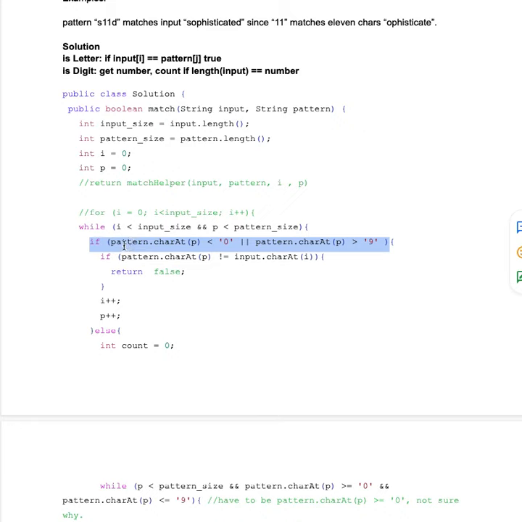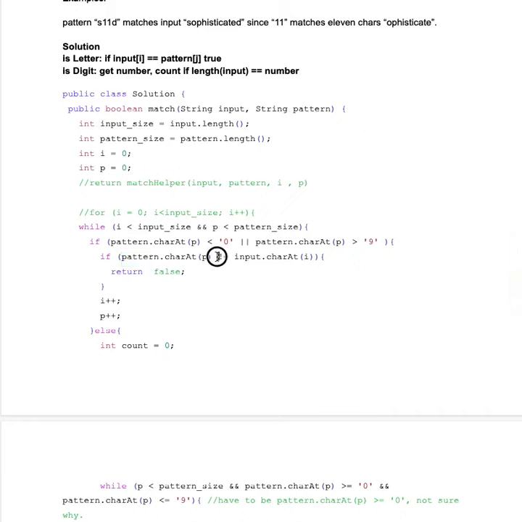So if this is not a digit, it means it's a letter. If it is a letter, we need to check if the pattern letter is the same as the input letter or not.